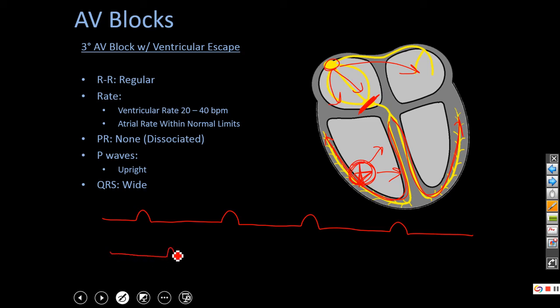And you have this really wide, kind of bizarre complex that's pacing very slowly at a rate between 20 and 40 beats per minute, because that's what idioventricular rhythm is expected to pace, between 20 and 40 beats per minute.